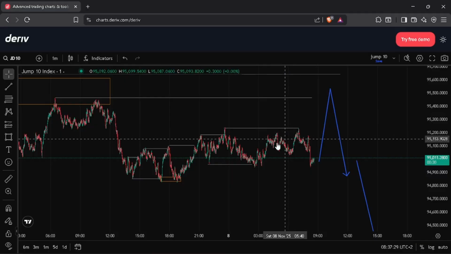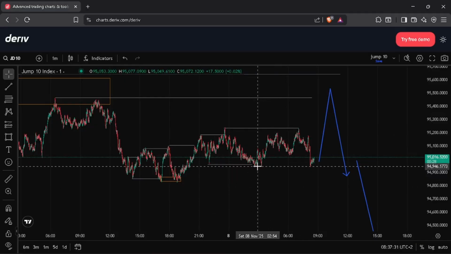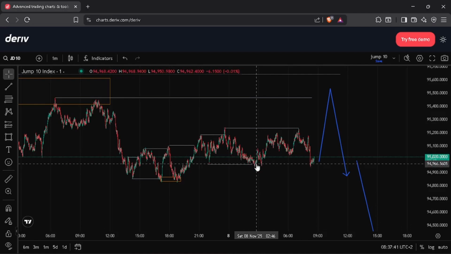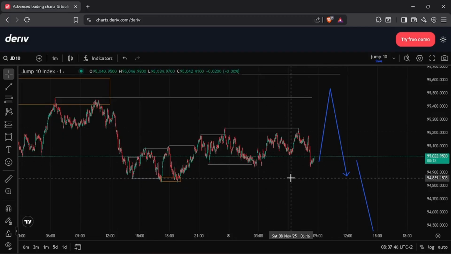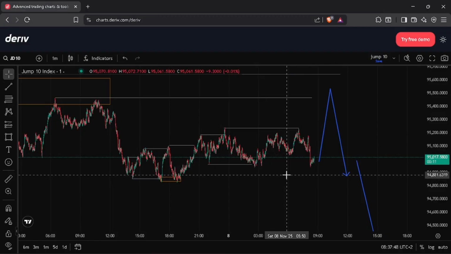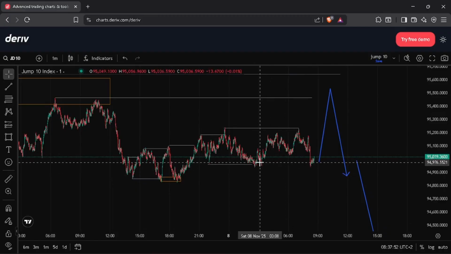Now what usually happens is that if a market fails to break structure, it comes back to where it bounced before. Like it comes back to the support and then goes back up. Now the trade might be missed because it already bounced on the support.